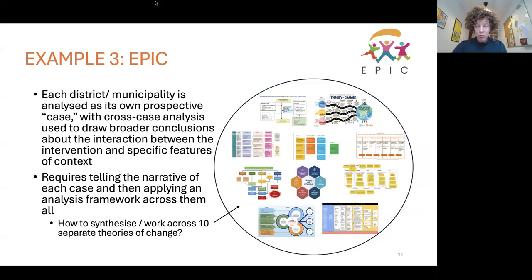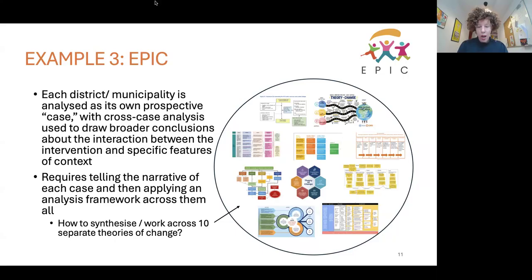Just thinking about how this could work for us, EPIC. Each district or municipality will likely be analyzed as its own prospective case because it's its own situation, own actors, own context, and using cross-case analysis to draw broader conclusions about the interaction between our intervention and specific features of context.